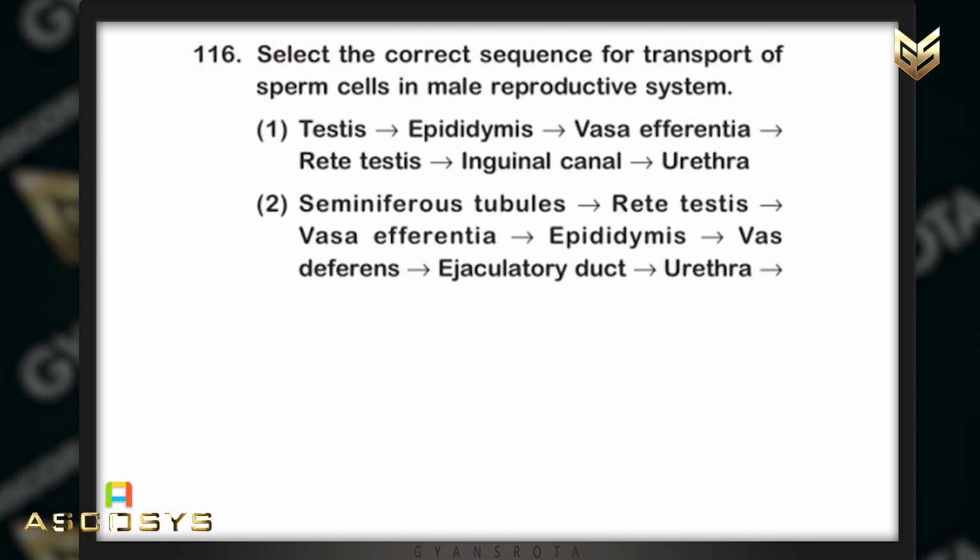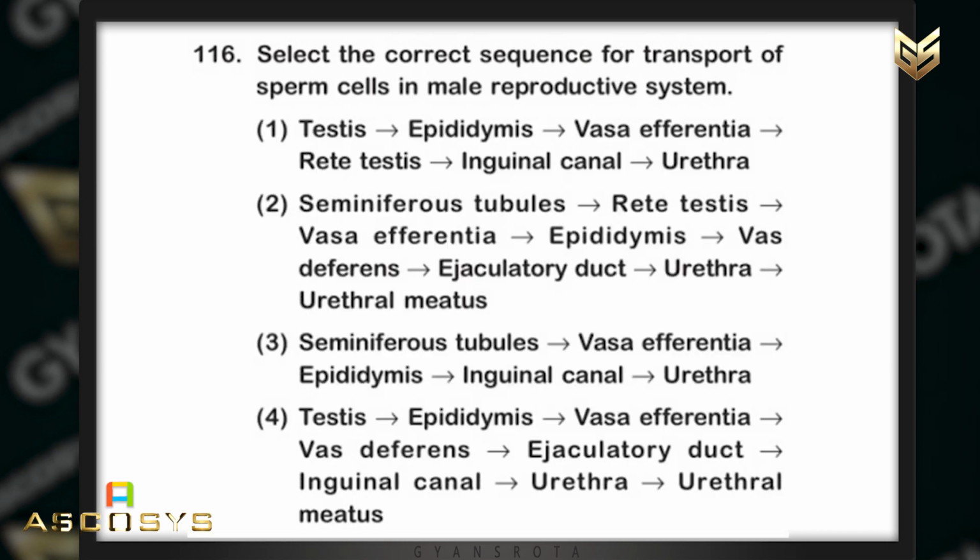That is option number 2, adenine and guanine. Select the correct sequence for transport of sperm cells in male reproductive system.